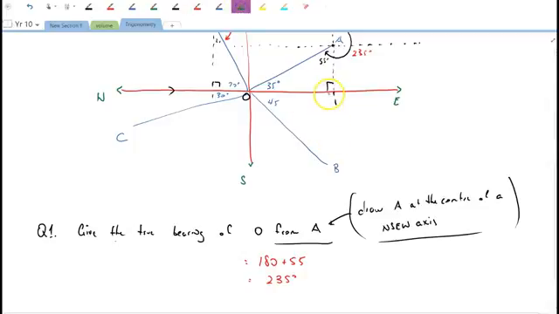Whatever we're taking the bearing from, put a little north, south, east, west with B at the center. Okay, so we're going with O from B. Now we're going to go from north all the way around. 90, 180, 270 is to there. What's this angle in here?